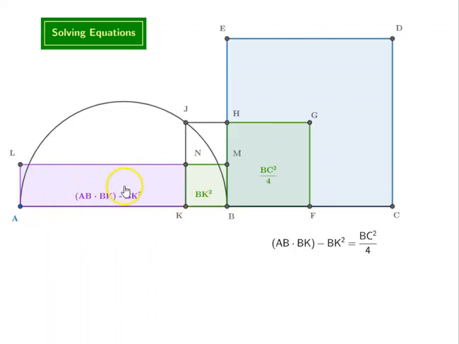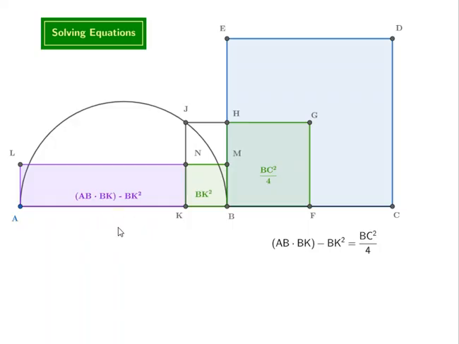Now here we are saying that the area of this rectangle will be equal to this green square. So we have found the point K on AB, or rather AB has been factored into two line segments such that this equation is satisfied.